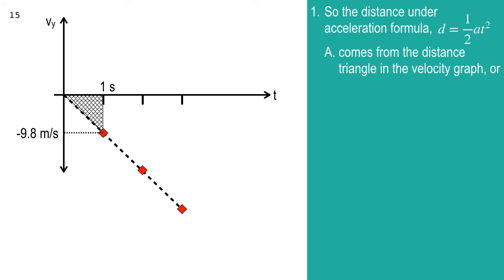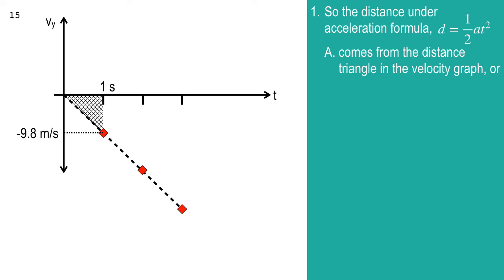All right, so that formula comes from the distance triangle concept in the velocity graph. This is the one that we did on Tuesday. We started with distance rectangles, and those were cinchy. Distance rectangle, constant speed, same speed all the way through.